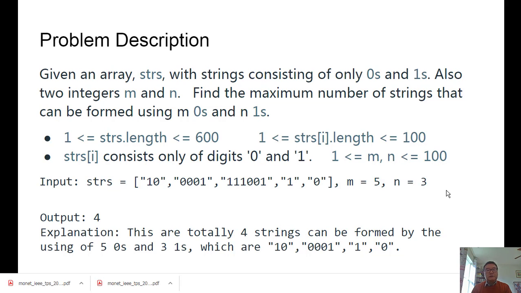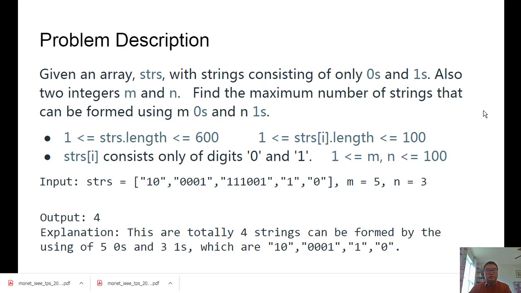We are picking things to put into the bag, where the bag has a capacity. But in this case, the constraint is on 2 dimensions, both the number of ones and the number of zeros. And the value of each string is just 1, so that makes it a little bit easier. So this can be solved using dynamic programming.